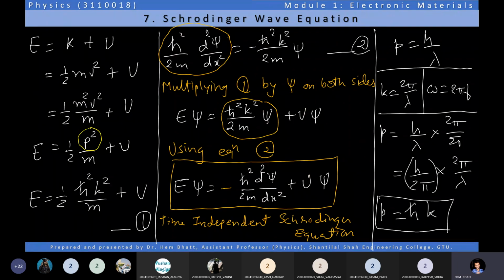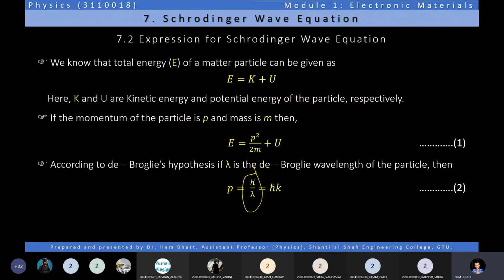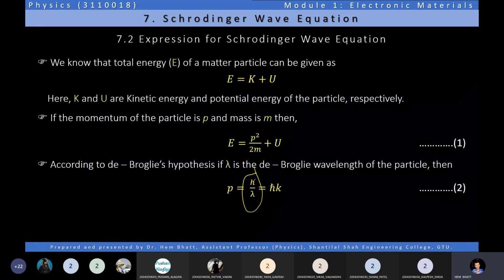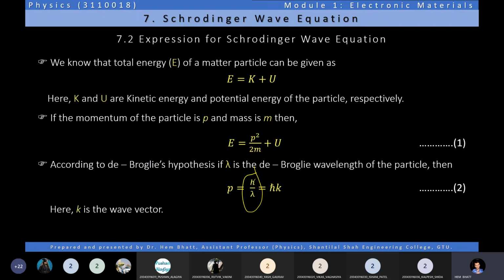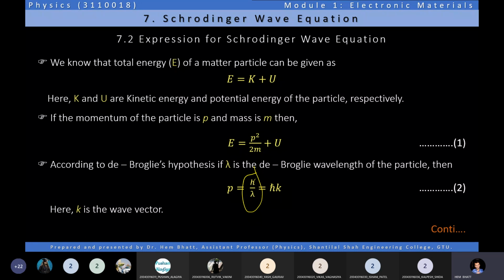See this last column, multiply and divide by 2 pi, and that's how you get P to be h cut by lambda. So now we have P, which is h cut k, and you have equation 1. If you substitute, what will you get? E is equal to h cut square k square by 2m plus U. K is wave vector. Take a screenshot of this, it will help you in preparing the answer. Did you take a screenshot of the previous slide?